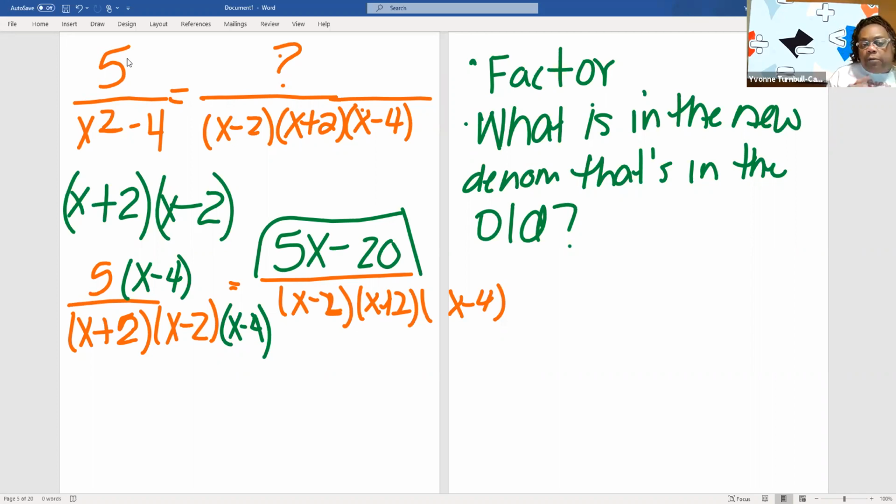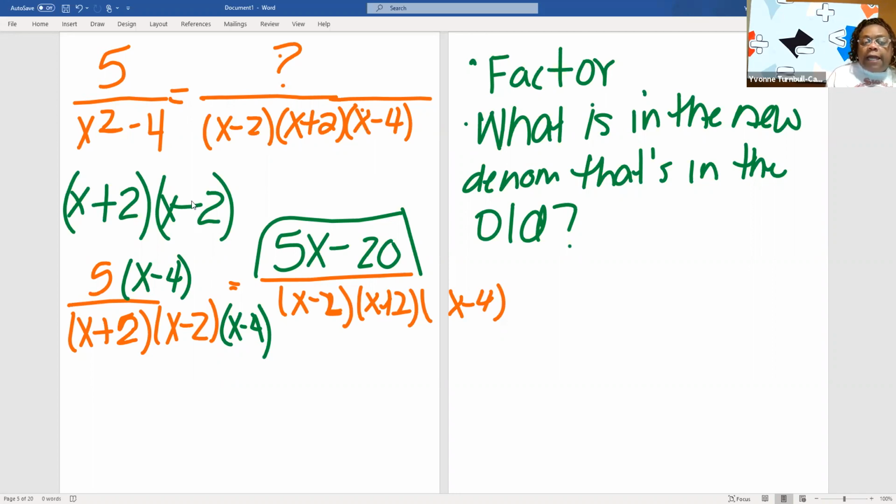Now I'm going to recap again, slowly so it can make sense. The first thing I did was I factored my denominator. I noticed it was a difference of squares, and I know that that's sum and difference. Then I look at the denominator that they gave me, and I look at my factored form of my denominator.